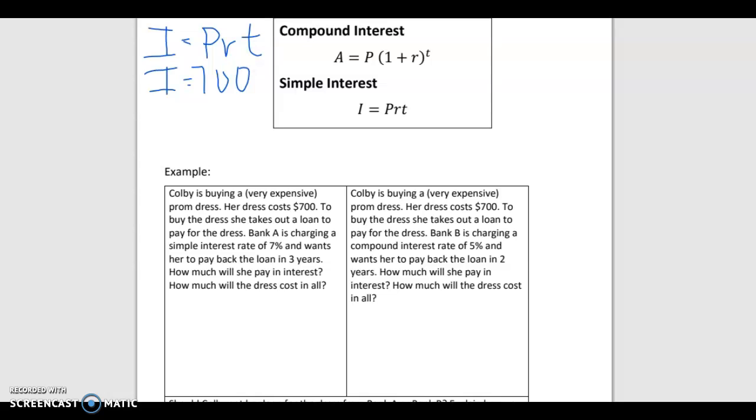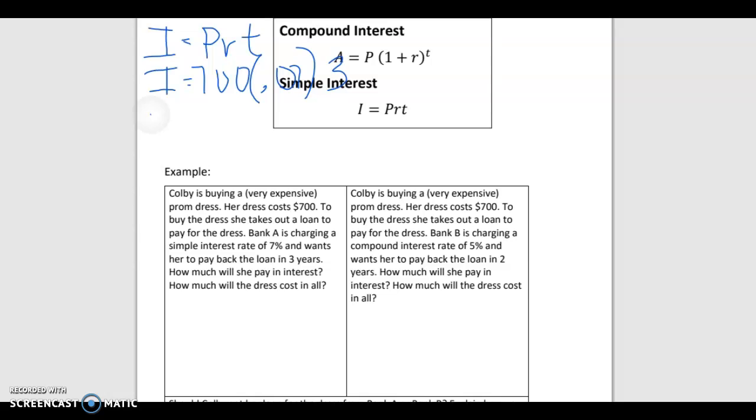My rate is 7%, but I have to change it to a decimal, so it's 0.07. In my last video, I briefly talked about how to change it to its decimal, so 0.07. And then my time here is 3, and I know I'm writing on words. Sorry, it doesn't give me much space. So this is where my calculator comes in. I'm going to do 700 times 0.07 times 3.